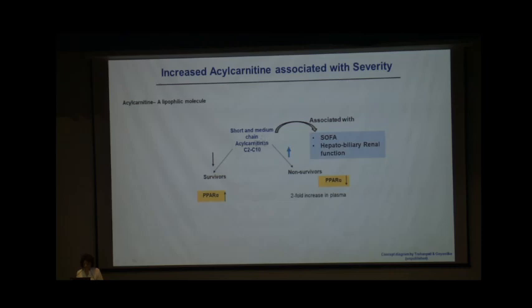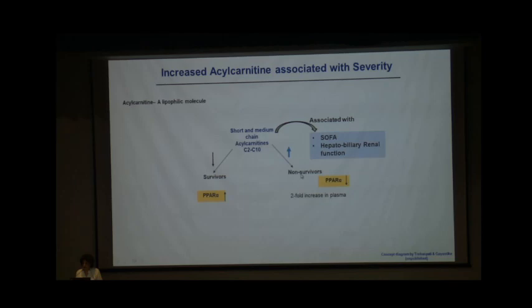short and medium chain acyl carnitines with C10 were associated with SOFA and hepatobiliary and renal function, again more of the renal. We have not observed any liver function because I didn't get any literature for it. They observed that non-survivors had even two-fold changes, the non-survivors had more and the survivors had less.